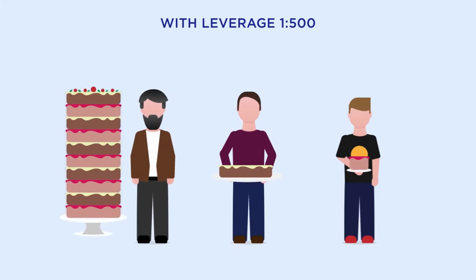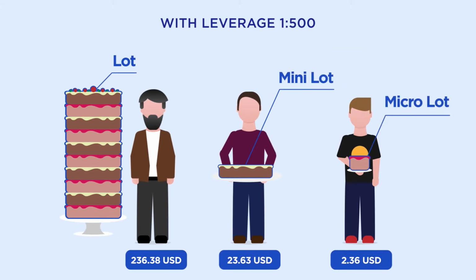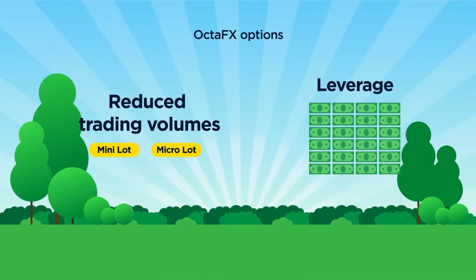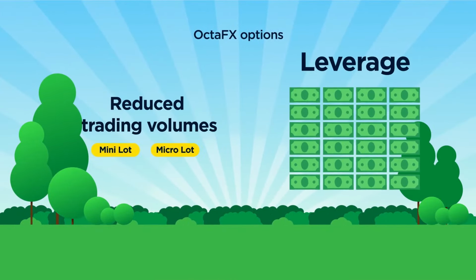In other words, the leverage of 1 to 500 allows you to open orders which are 500 times bigger than your own investment. That is how OctaFX allows you to build an effective strategy without taking excessive risks.